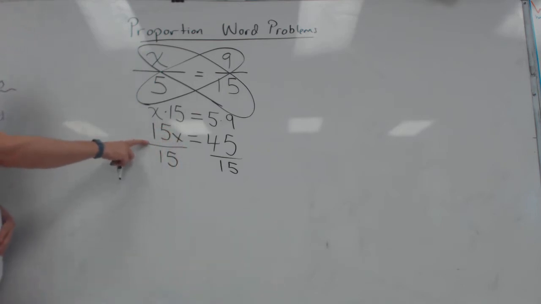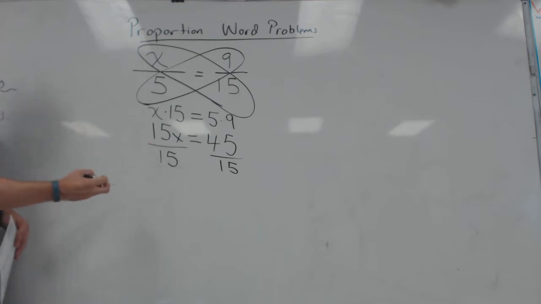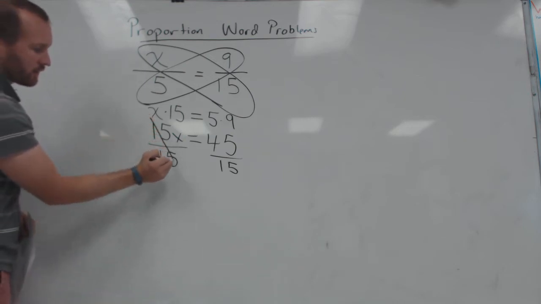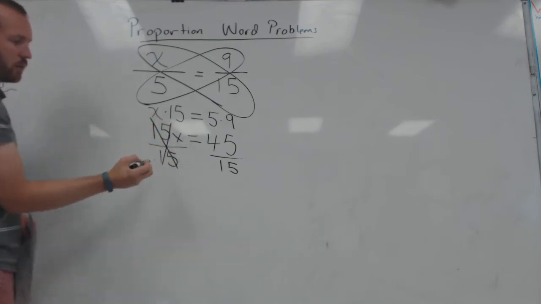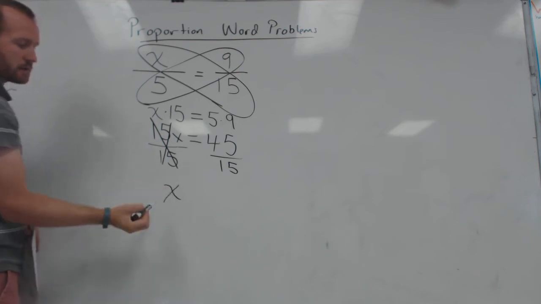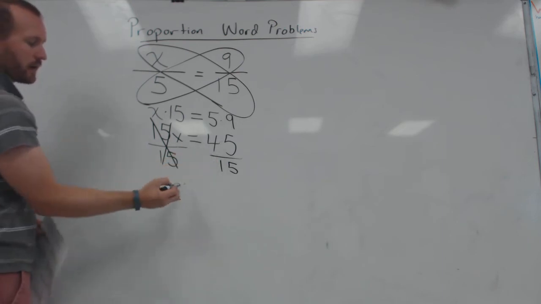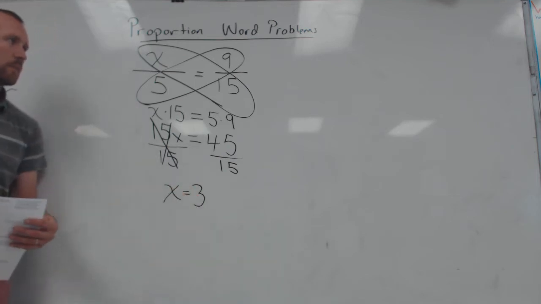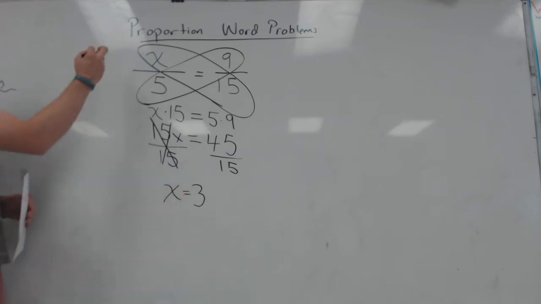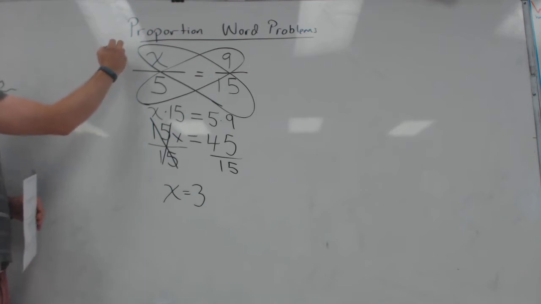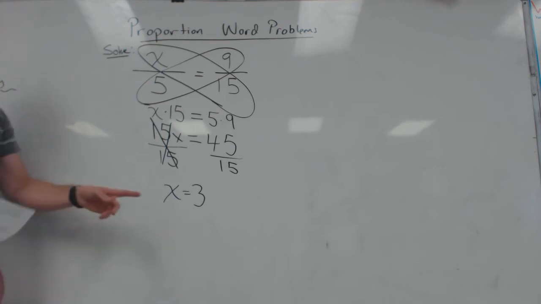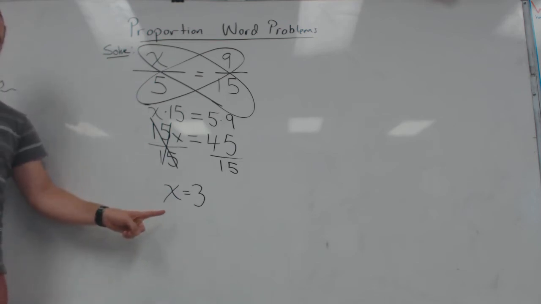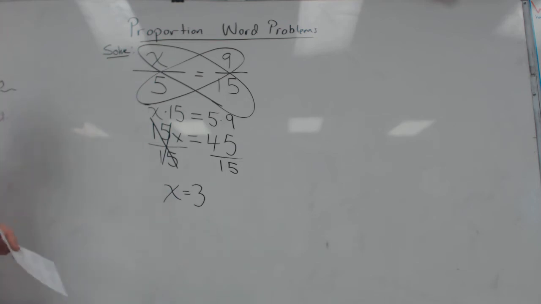Or if you're more used to this, just divide both sides by 15. 15 divided by 15 is 1, so we have 1x on this side, or just x. 45 divided by 15 is 3. So if I saw a problem like this and it said solve for x, that would be the answer. Hold off for questions until the end, okay?